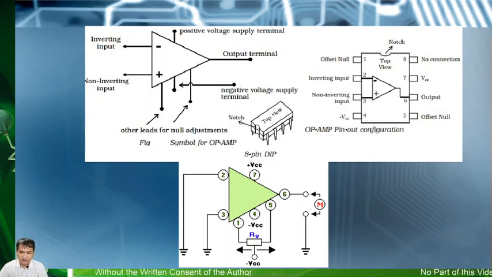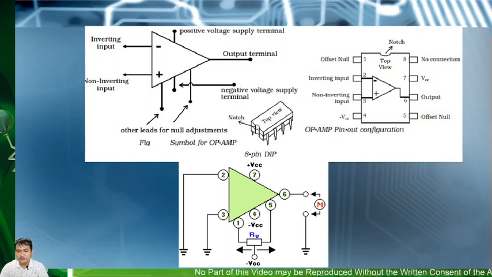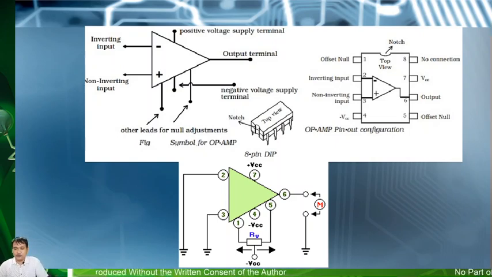The op-amp is supplied with positive VCC and negative VEE, and mostly connected like this. Since both inputs are on the ground, the output of the op-amp would be 0. So 0 minus 0 is 0.